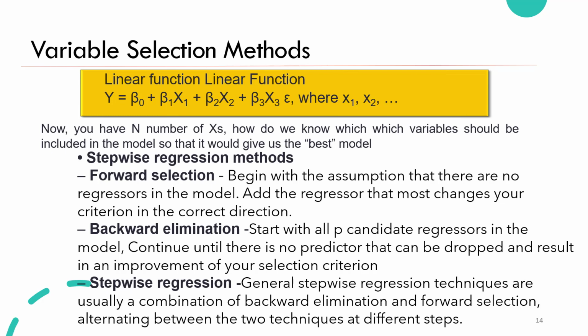And last is stepwise regression. Stepwise regression is another method for variable selection. The general stepwise regression techniques are usually a combination of backward elimination and forward selection.